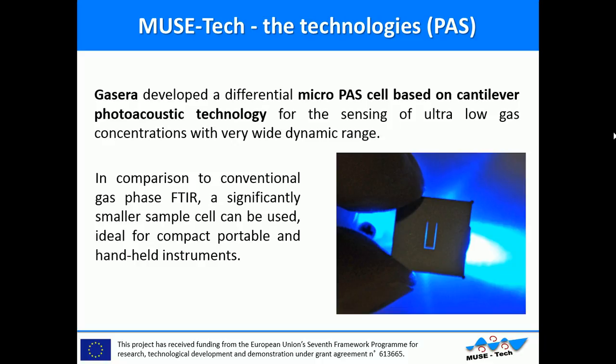Gasera developed a differential micro-PA cell based on cantilever photoacoustic technology for the sensing of ultra-low gas concentration with very wide dynamic range. In comparison to conventional gas phase FTIR, a significantly smaller sample set can be used, ideal for compact, portable, and handheld instruments.